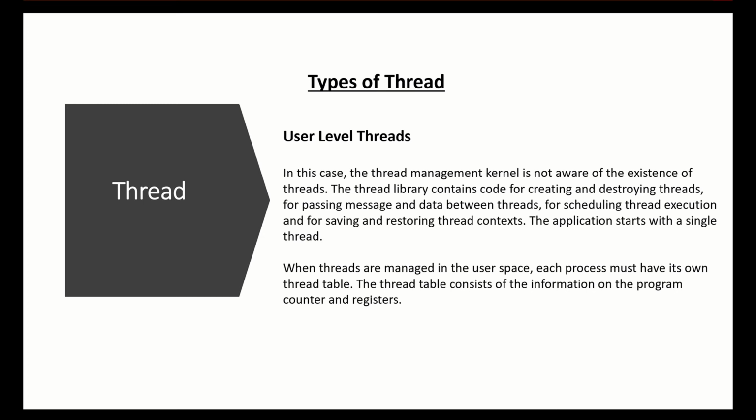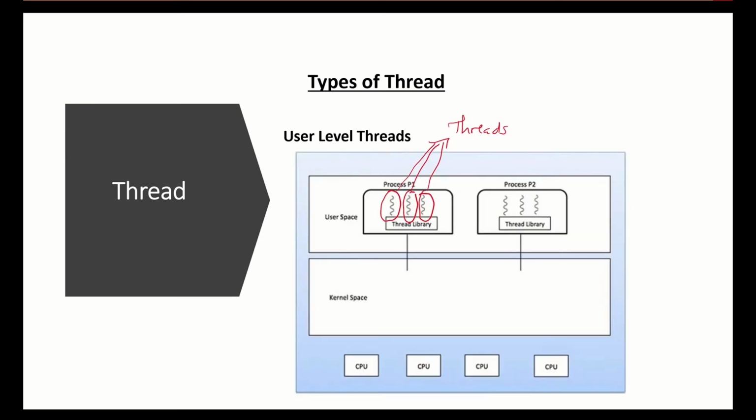So the operating system will not be aware of all those threads. What the operating system will know is simply the process which has been created. Then the process will create threads on its own.